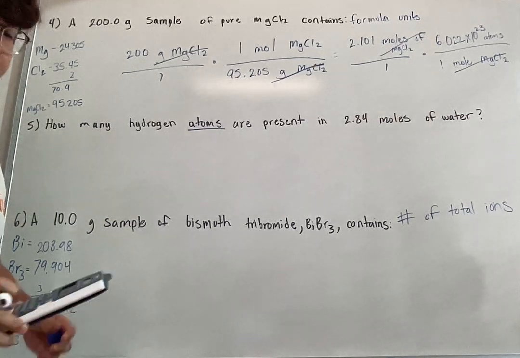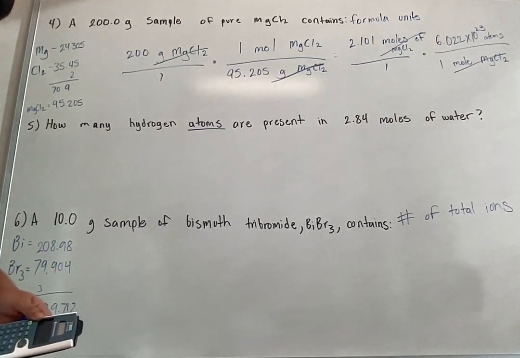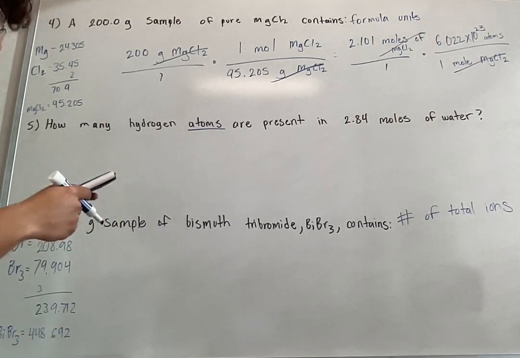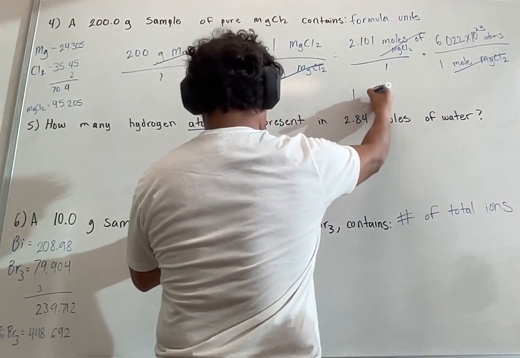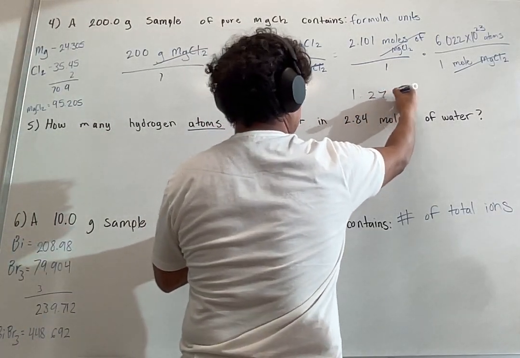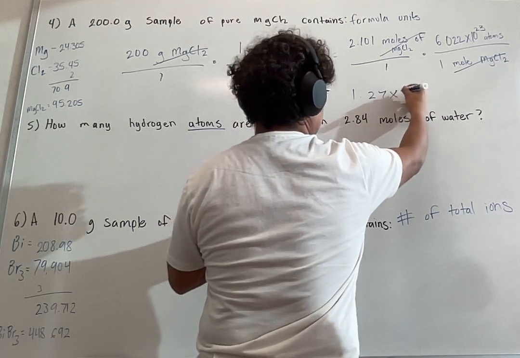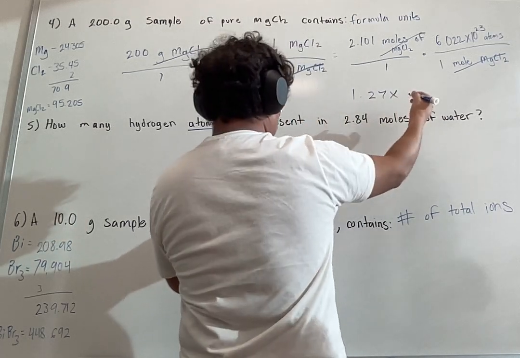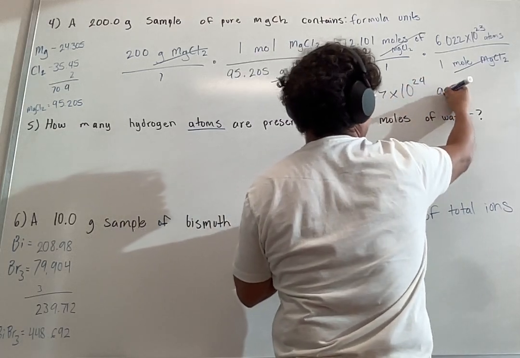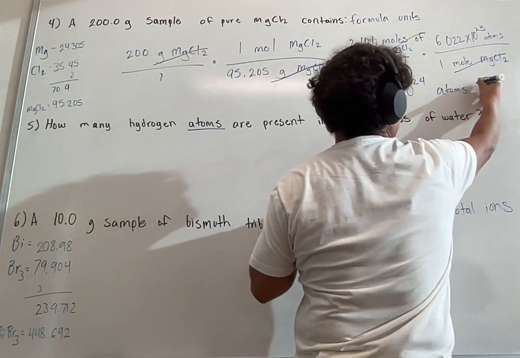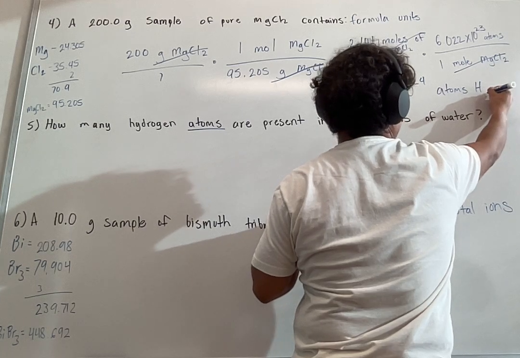So if you do that, hopefully you can see that. Yeah, you can see it. We end up with 1.27, just to make it easier. Really, it's 1.265 times 10 to the 24th atoms of hydrogen.